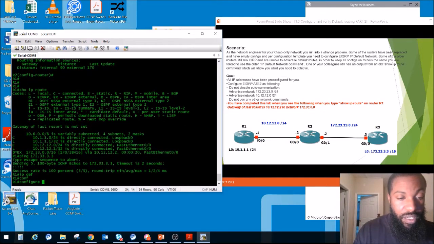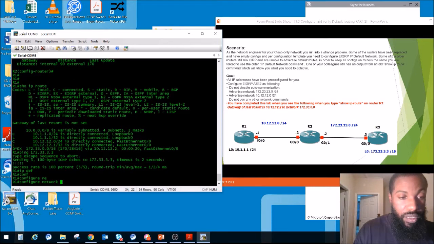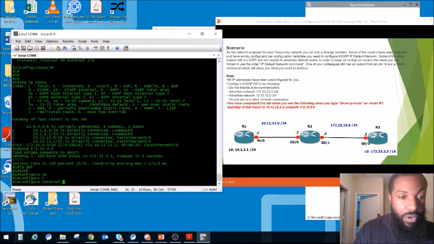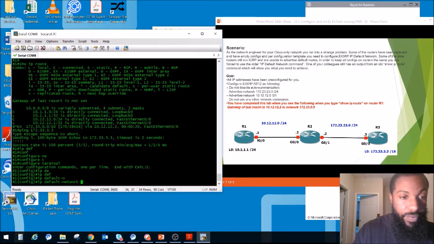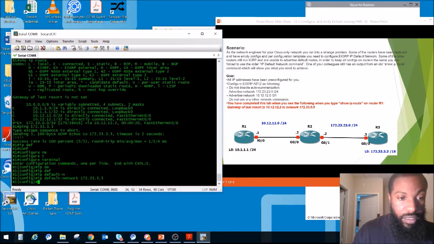Configure terminal, IP default network 172.33.3.3. Do show IP route.